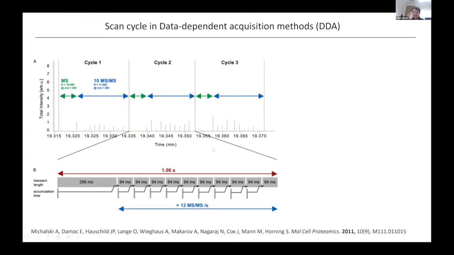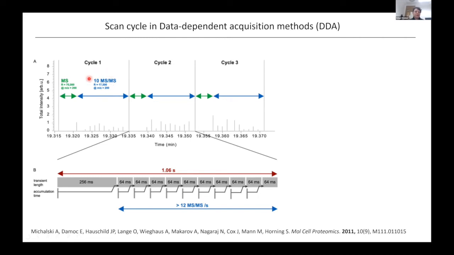So just to try to illustrate that a little bit further, what we're showing here is the duty cycle of the instrument, where we have initially the MS1 scan, the survey scan, to essentially look for any precursor ions that we may wish to analyze and generate an MS1 or survey spectrum. Once we've generated this survey spectrum, we will want to fragment and therefore determine the sequences of n number of fragment ions.